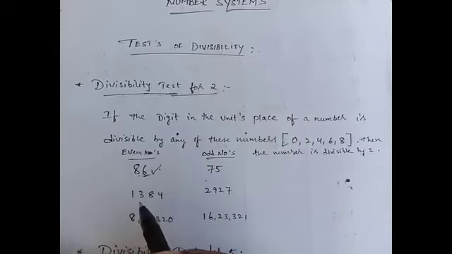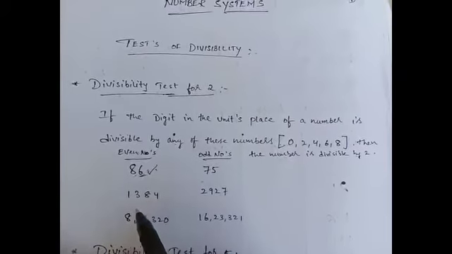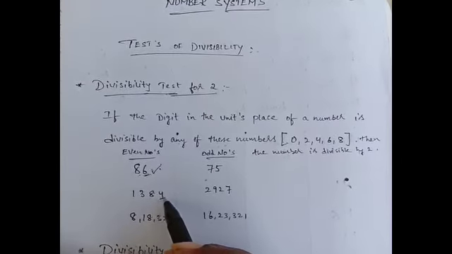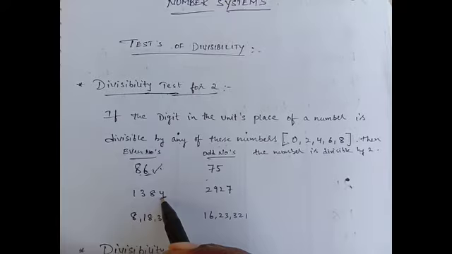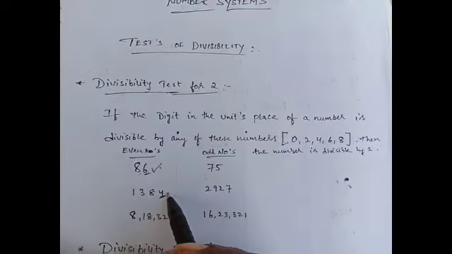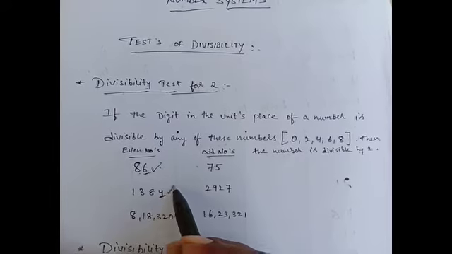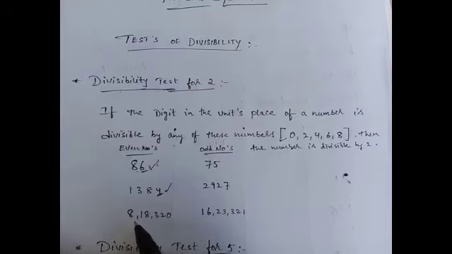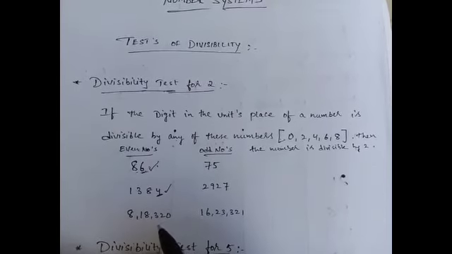And let's check another number, 1384. Here also the number in the unit place is 4, and this number is among these numbers, and hence 1384 is also divisible by 2. And let's take the big number 818,320.